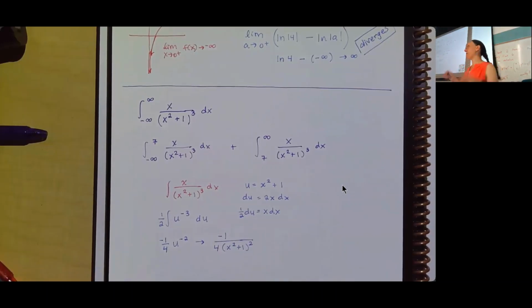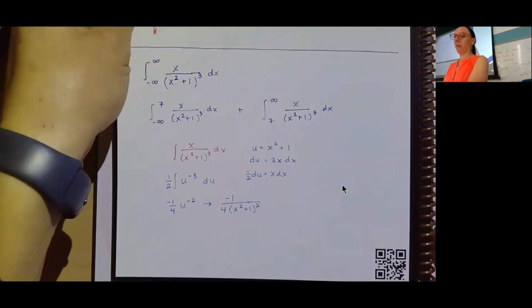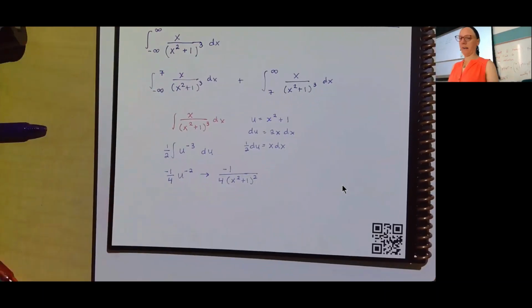If we were really just finding the antiderivative, I'd have the plus c here, but I know that we actually are going to put in limits of integration. So now let's pull it all together notation wise.